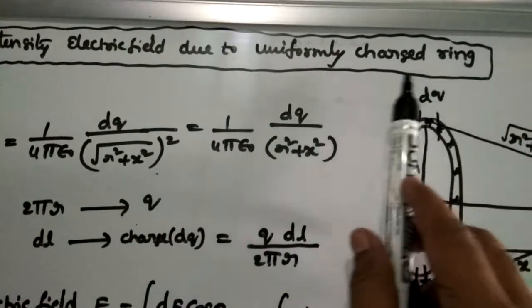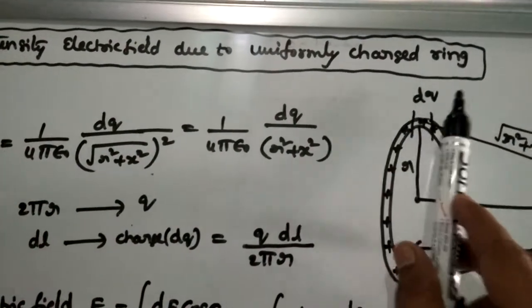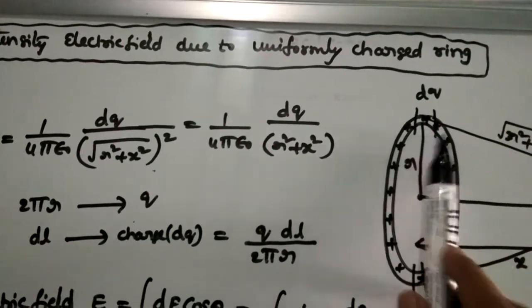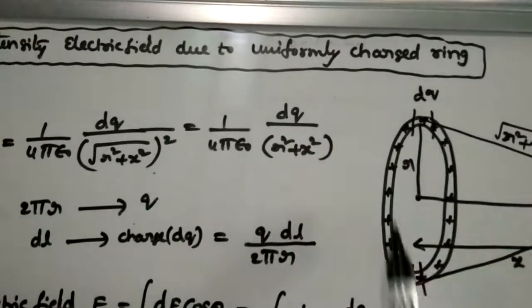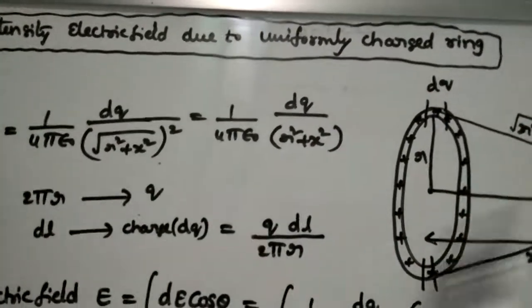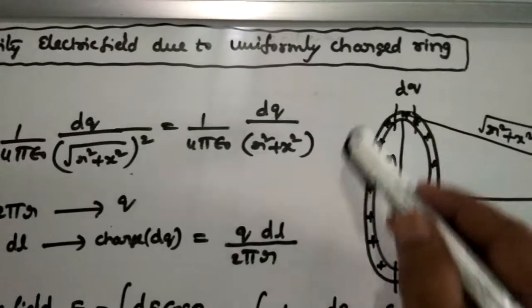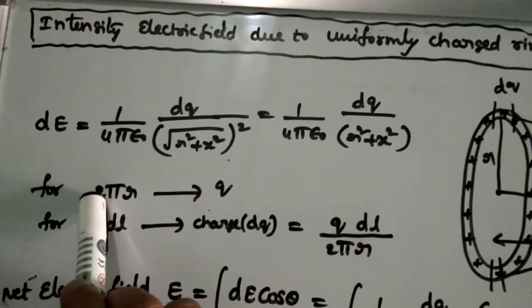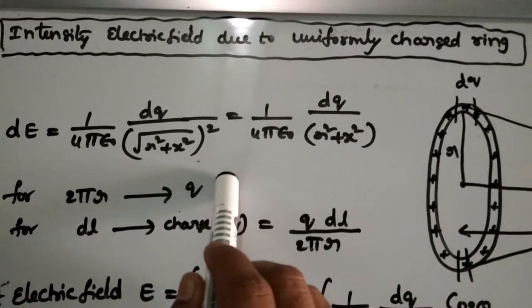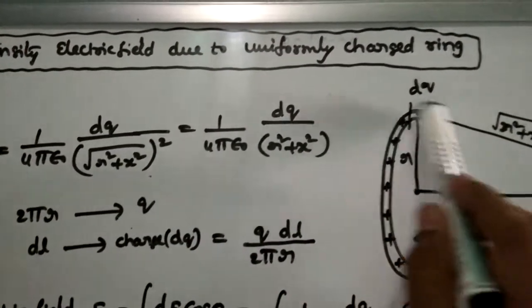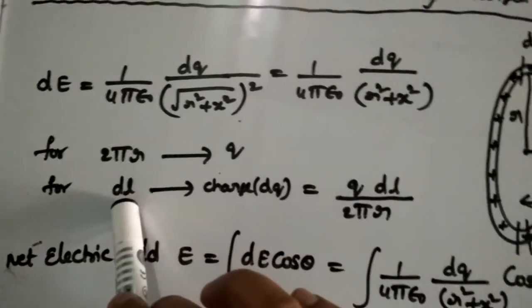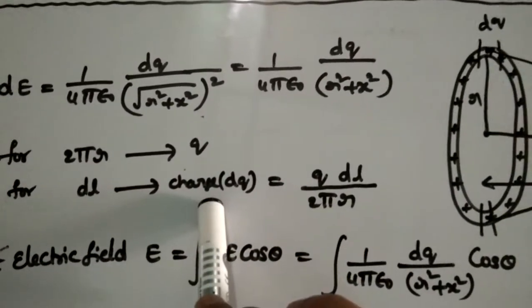Now, sir, what is the value of this dq? The length of this element is dl, and the total charge on this surface is q. The total circumference is 2 pi r. For 2 pi r circumference, the total charge is q. But I am not considering the total circumference, I am considering only this much length dl. For dl length, the charge is dq.